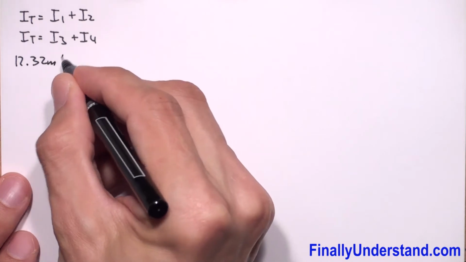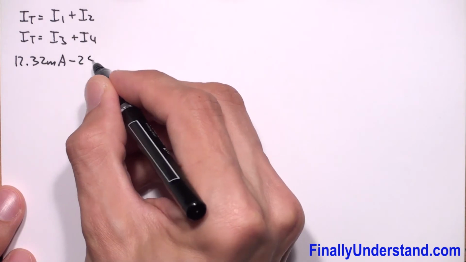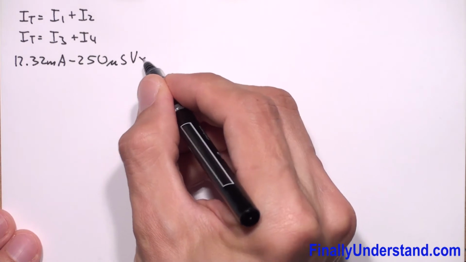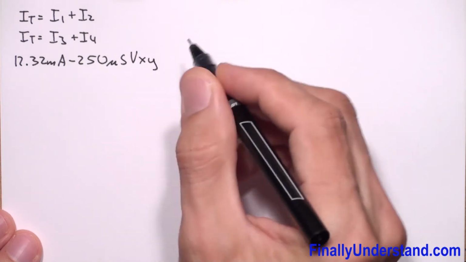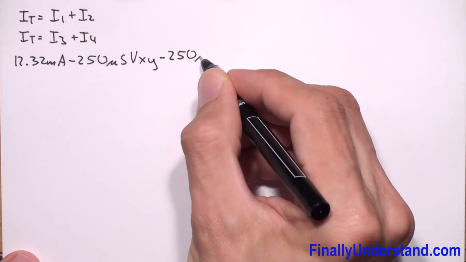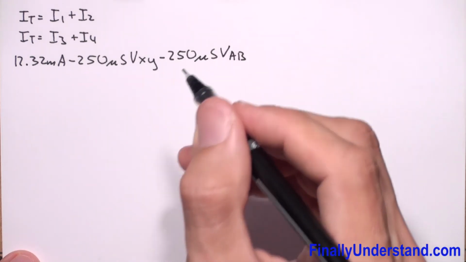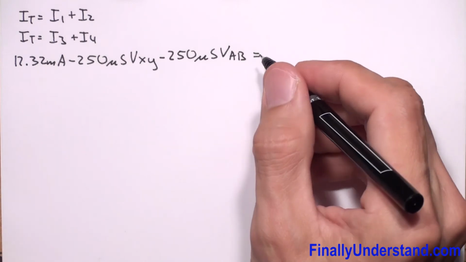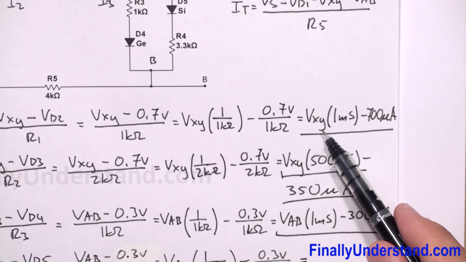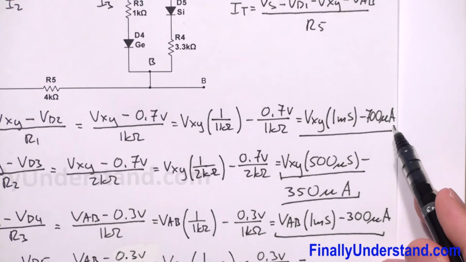So I have I total, we said, is equal 12.32 milliamps minus 250 microsiemens VXY minus 250 microsiemens VAB. Okay, this is my I total, is equal I1, and as I said before, I1 is VXY 1 millisiemens minus 700 microamps.